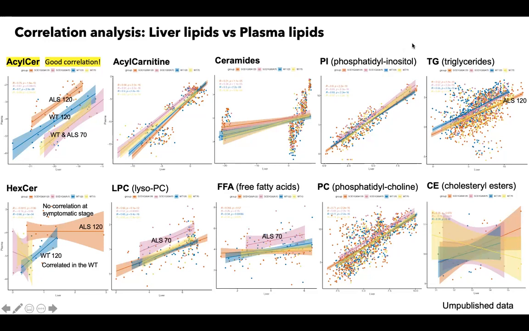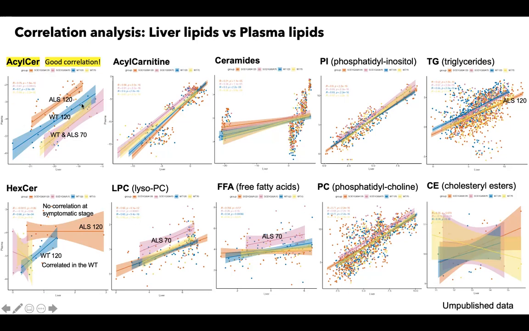For example, here phosphatidylinositol shows very good correlation between liver and plasma. However, this species was not different between disease animals and wild type. But for instance, here acylceramides, we can see a good correlation between liver lipid and plasma lipid, okay?